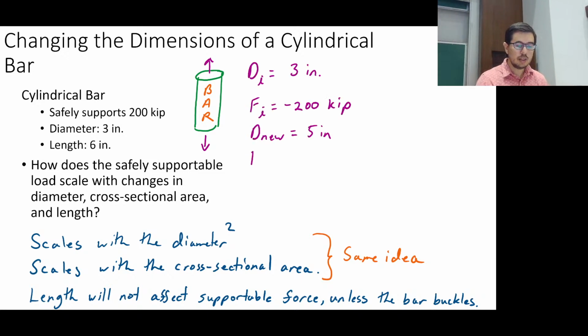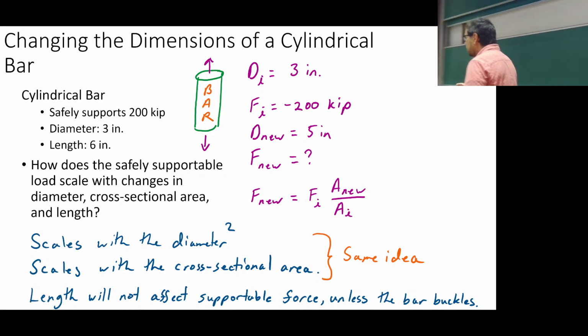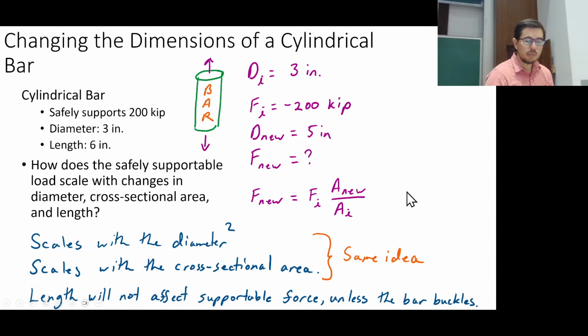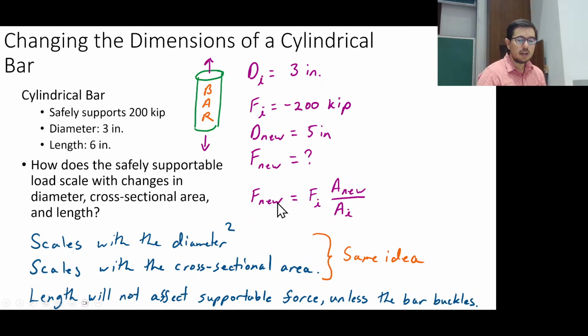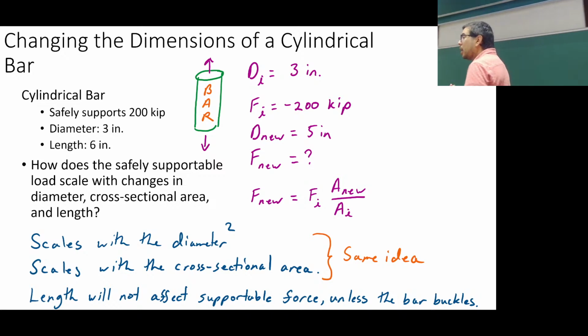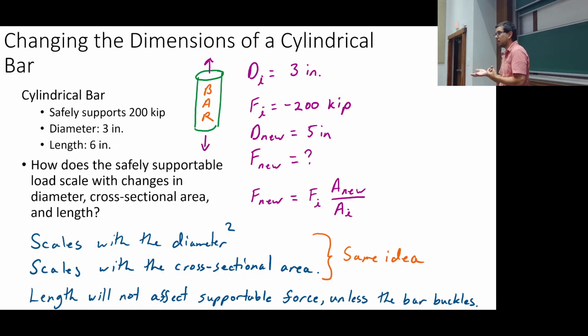This is just to give us an idea. In the problems, we're responsible for coming up with ratios. What is the ratio here? What is the factor? It may be a little counterintuitive, but does this make sense? The new force that I can support is equal to the force I could support originally times the ratio of the new cross-sectional area over the old cross-sectional area.